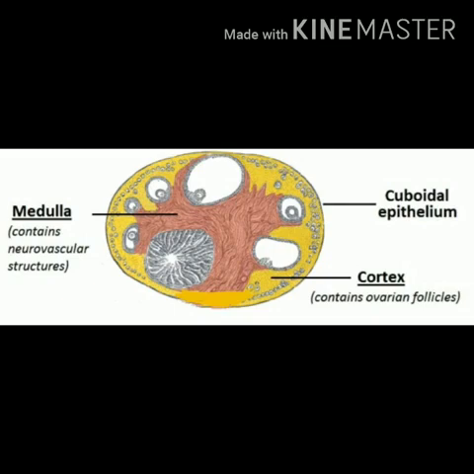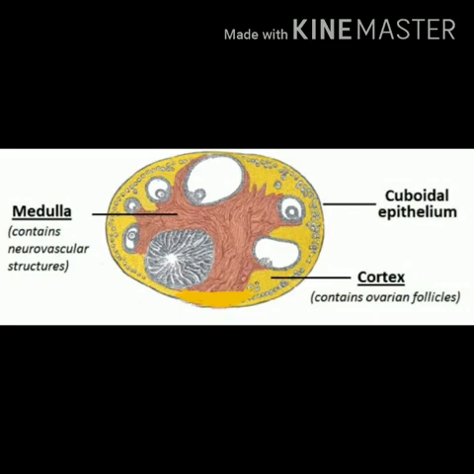This ovarian follicle is a compact and granular structure having a large number of tiny masses of cells. This cortex is surrounded by cuboidal epithelium, also called germinal epithelium. These cells are formed from the yolk sac and divide mitotically, and then it is called oogonia.